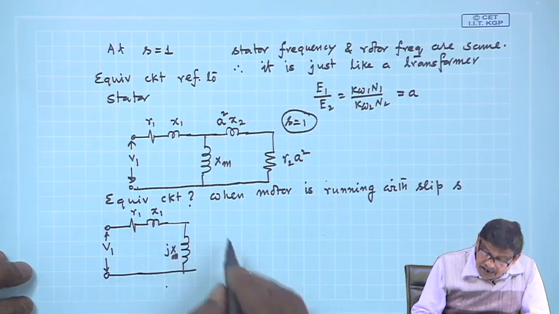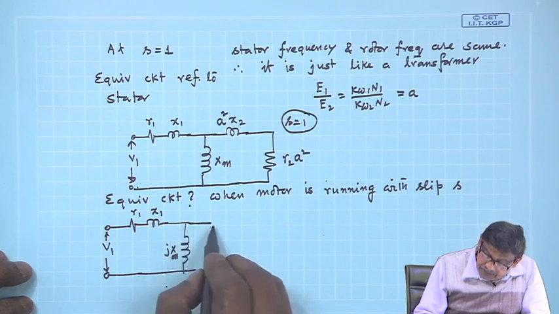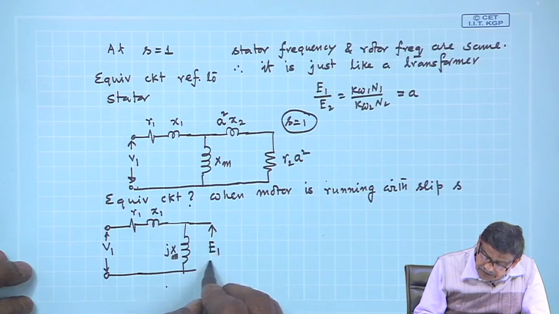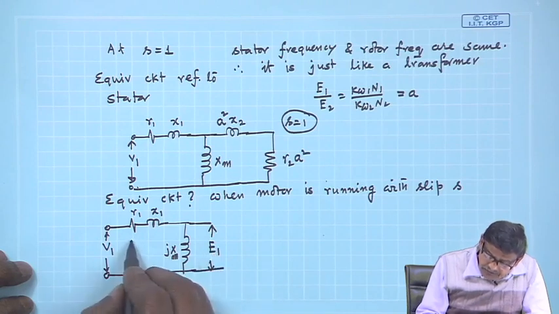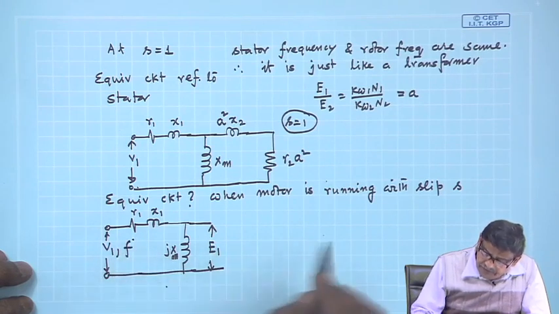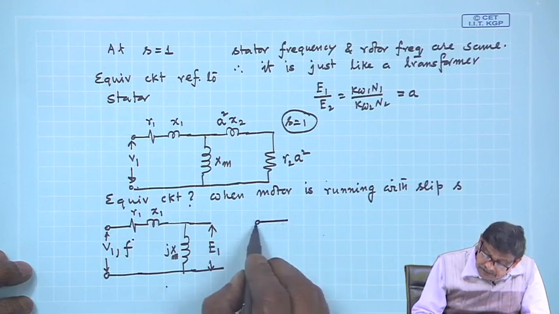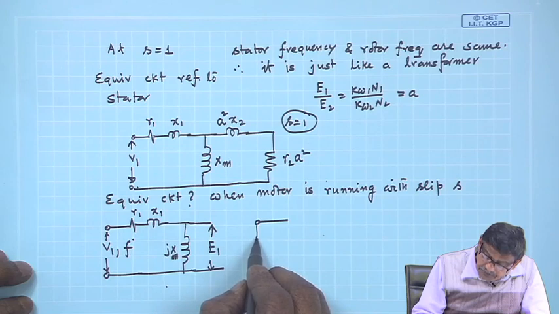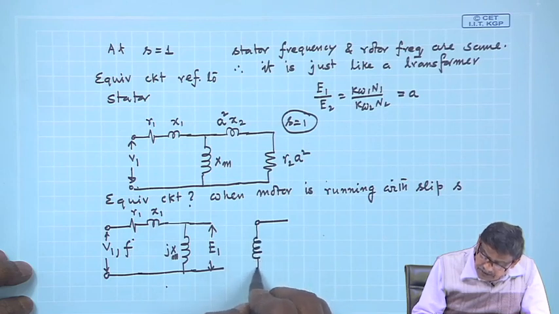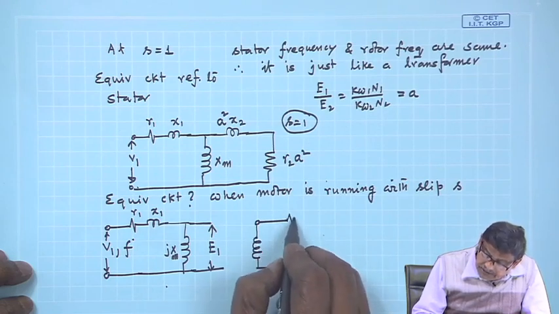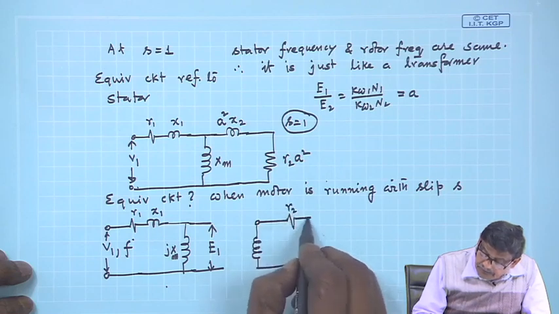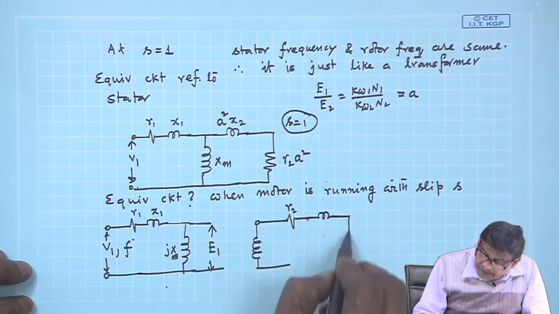Here is that coil which is having a voltage E 1, and all frequencies here are F. And on the secondary side, I will draw a coil, and here is R 2, here is the reactance, and it is shorted.